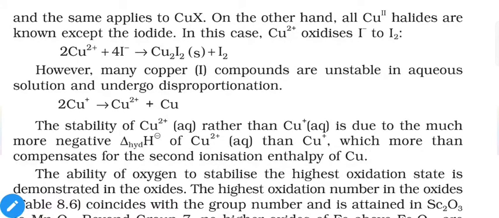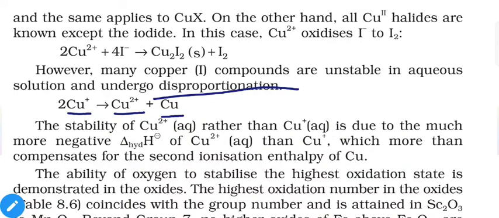Disproportionation means that from a single reagent you get two different products having higher and lower oxidation states than the reactant. As we can see here, we have the +1 oxidation state of the reactant and +2 and 0 oxidation states of the products. So this is called a disproportionation reaction.